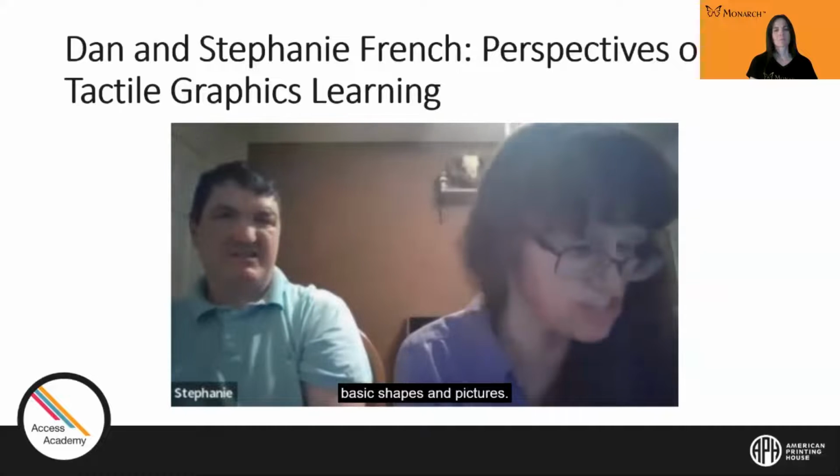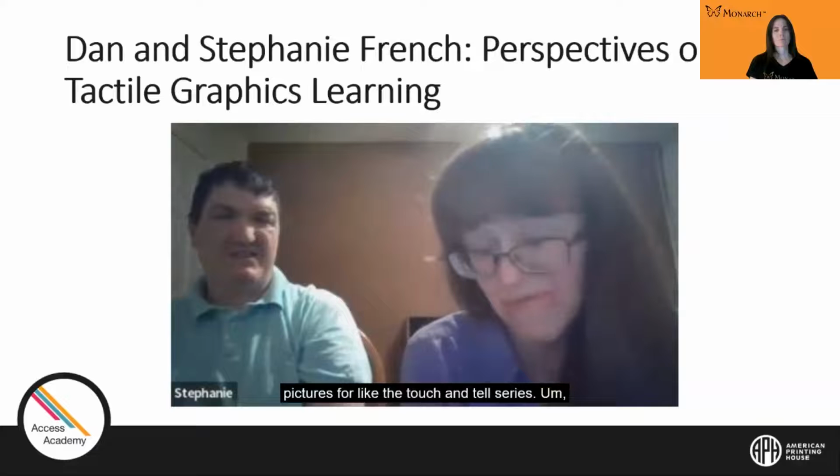So for my younger ones, sometimes I have them use the flip over charts, so they see solid raised thermoform style basic shapes and pictures. And then I've gone from there to the outlined and filled in pictures for the touch and tell series. And then eventually switching them and exposing them more to the outline of the pictures. I don't know if that's necessarily the most ideal, but I did read it or hear it somewhere once upon a time.